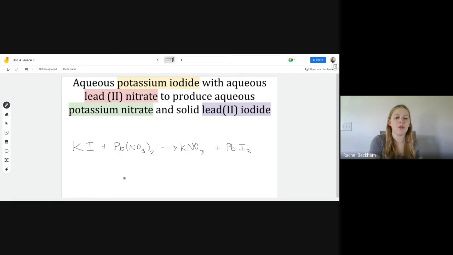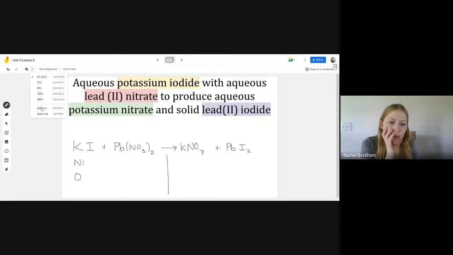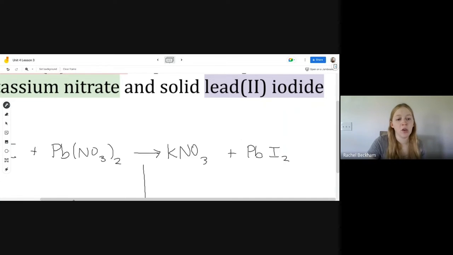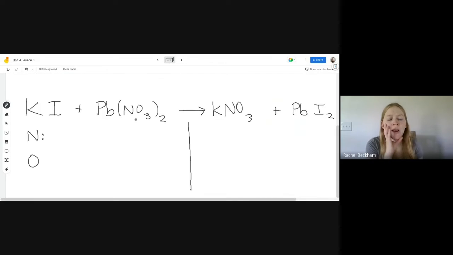And now we need to balance it. So let's look at, first of all, the NO3. So let's look at N and then O, okay? How many N's do I have here if I zoom in? This is important to look at because you're going to have a lot like this. Well, there is just one N inside there, right? There's kind of like an invisible 1 right there. But you see this 2 right here?